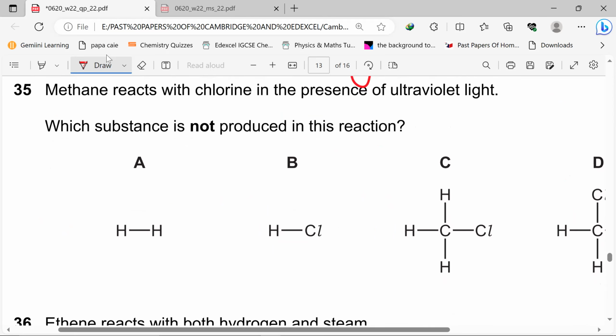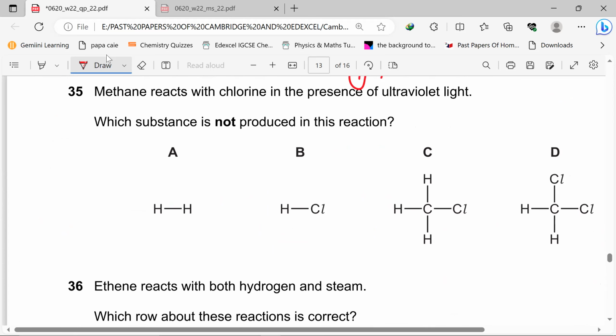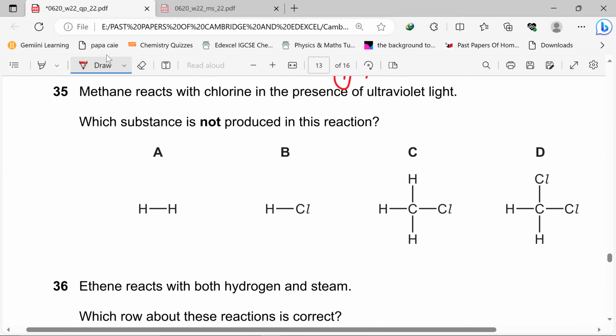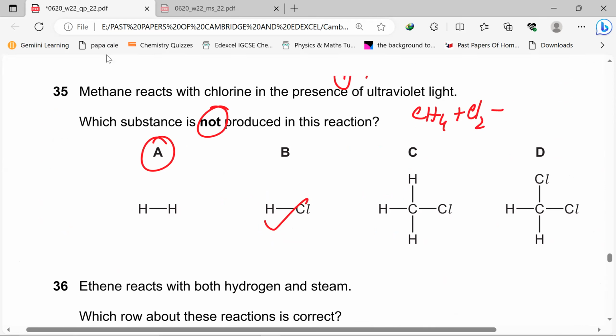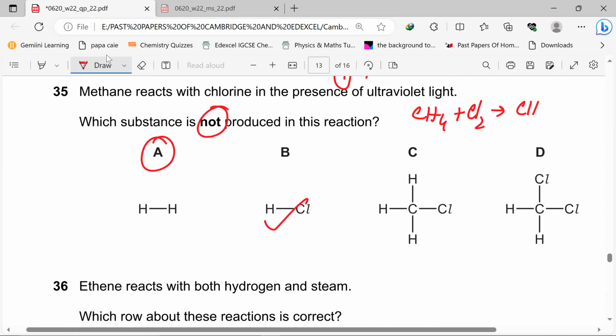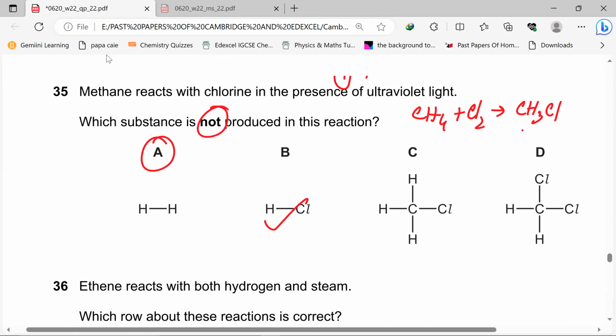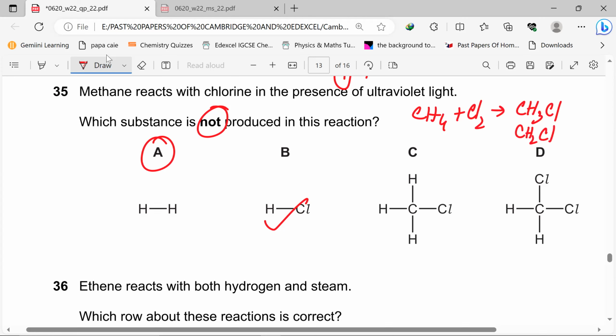Methane reacts with chlorine in the presence of UV light, we know. Which substance is not produced in this reaction? Hydrogen is not produced. HCl is produced, and we have chloromethane and dichloromethane as well. Because CH4, if it reacts with chlorine in the presence of UV light, it can be CH3Cl, CH2Cl2, CHCl3, CCl4.